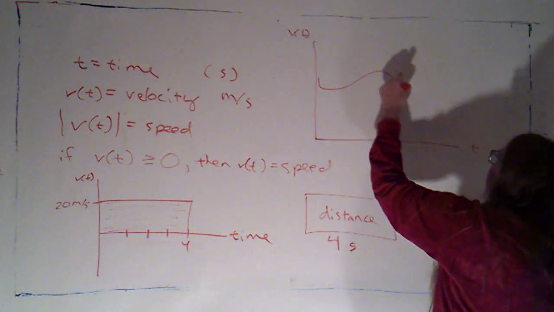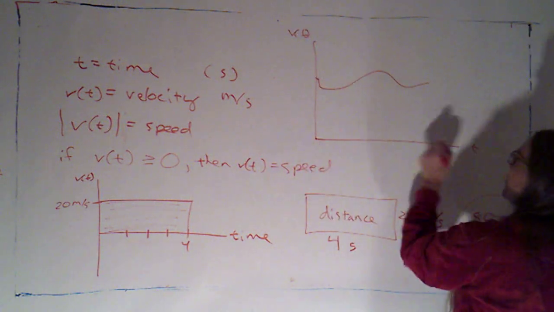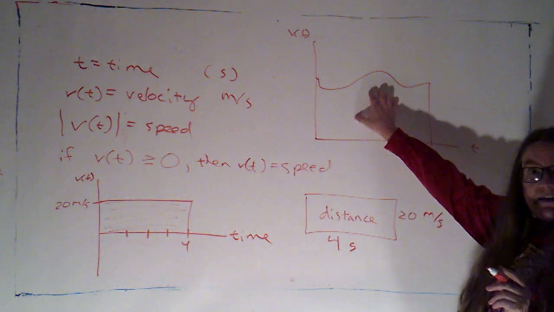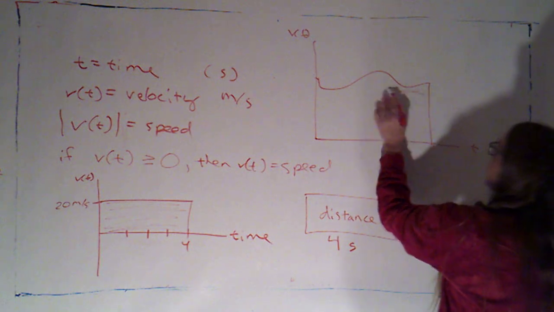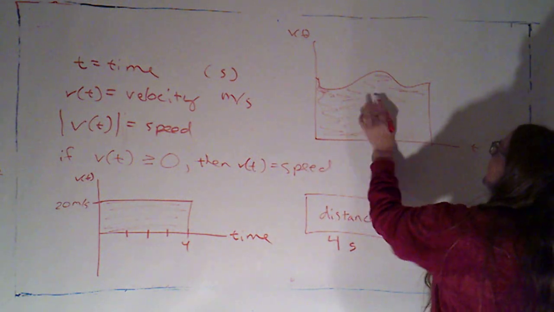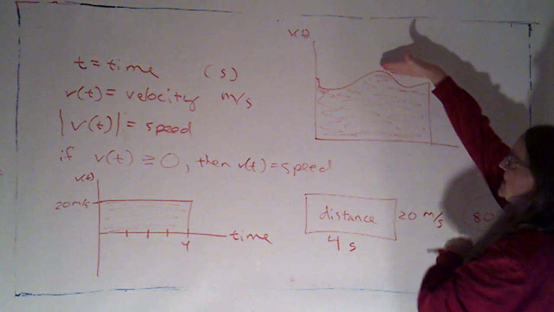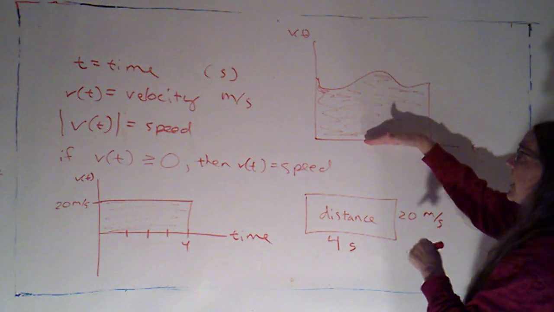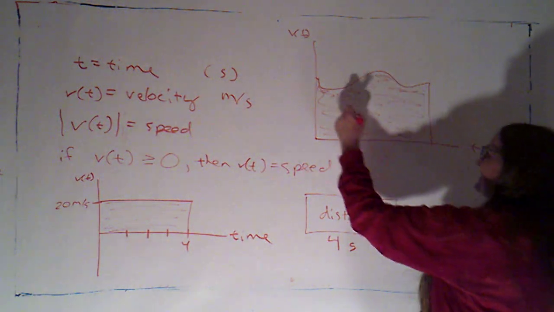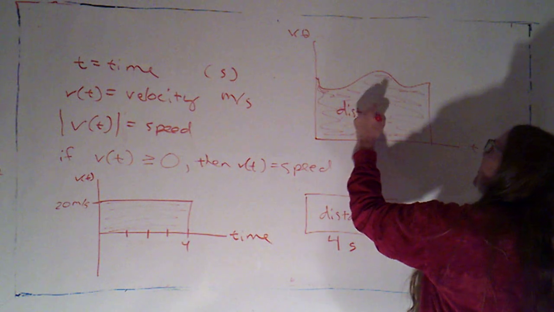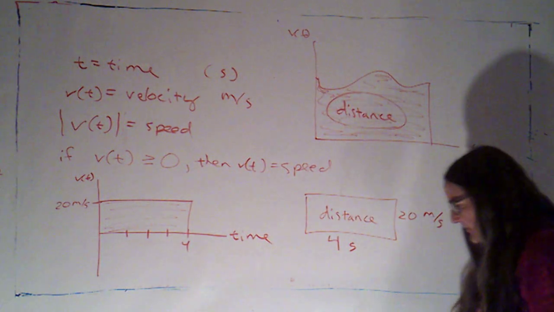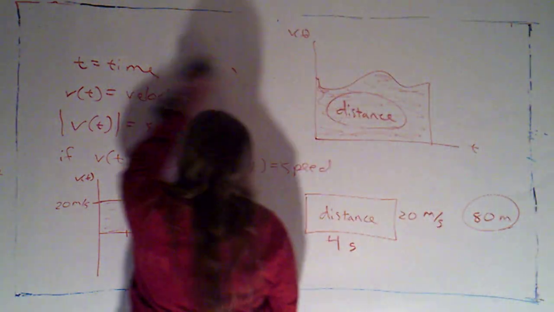If I have a changing velocity over some time interval, but that velocity is non-negative, so it's really my speed, this area, the area between my graph of speed and the time axis, is also going to represent the distance that's traveled by an object.